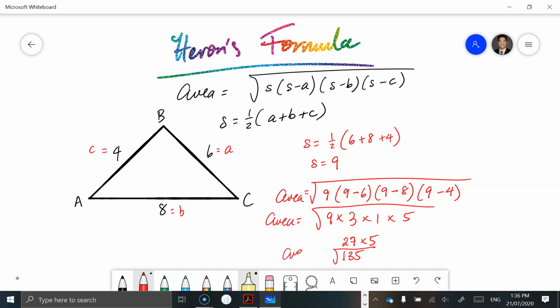So the area is the square root of 135. Put that in the calculator.